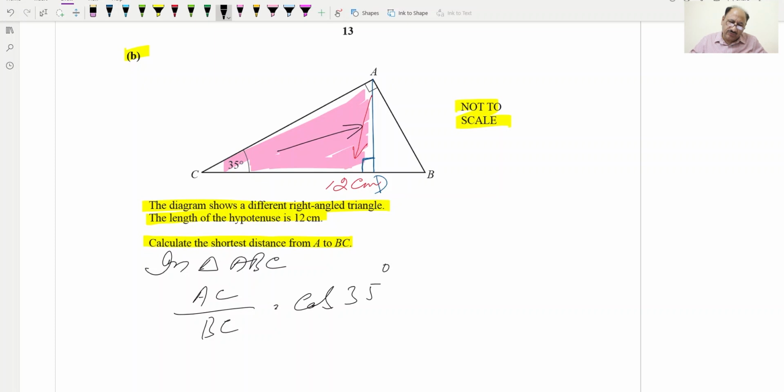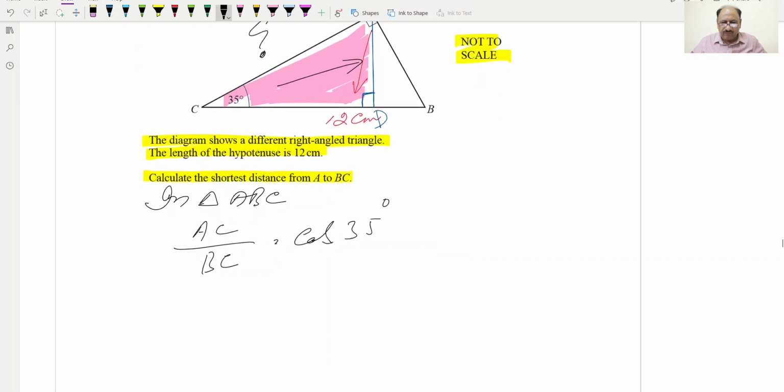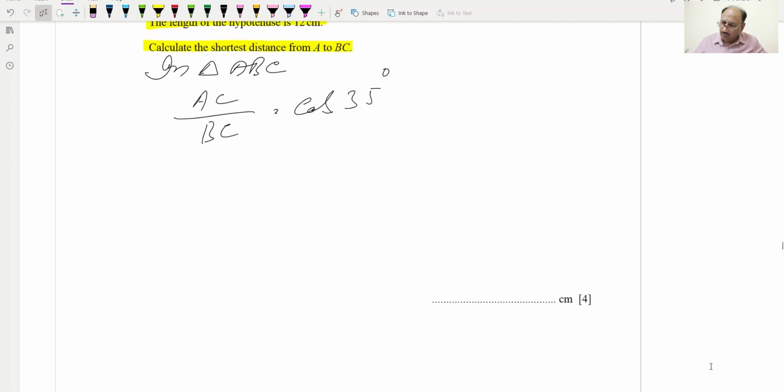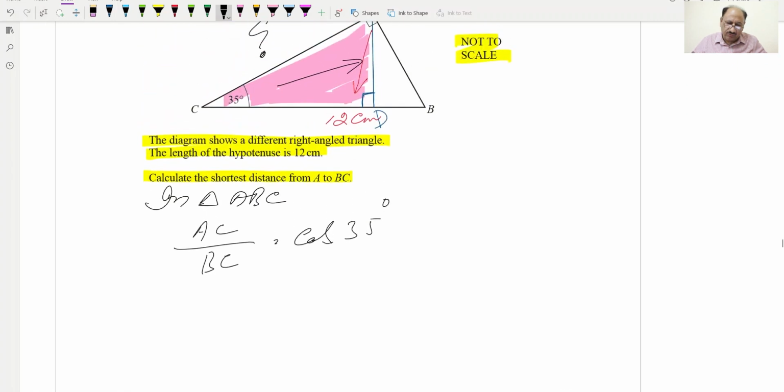So first we are finding this side, and after that we will consider triangle ACD. This is a 4-mark question, and it involves at least 2-3 steps. So the AC value we need to find will be equal to BC, which is 12, times cos of 35 degrees.